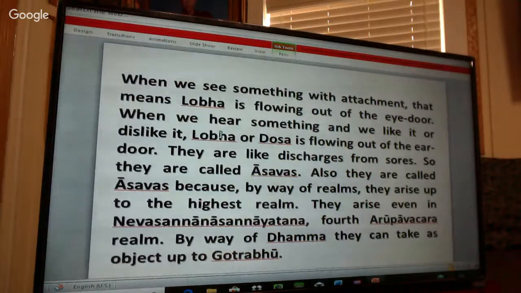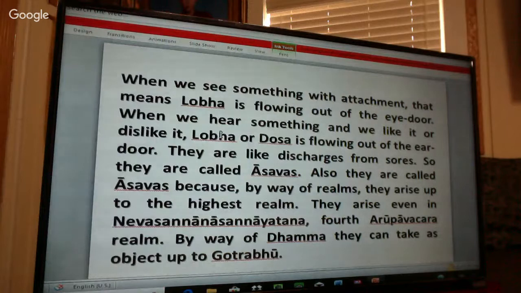And then by way of Dhamma, they can reach as object up to the lokuttara, meaning not the lokuttara itself, but before the lokuttara. The object of lokuttara consciousness is Nibbāna, not asava. So asava is before the lokuttara consciousness.